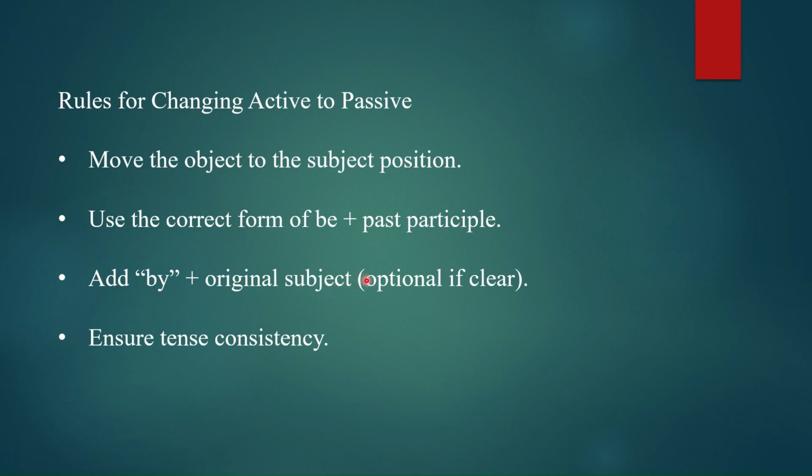Here I have said optional if it's clear. We don't always have to put by. If the sentence makes sense without by, then we will omit it. Lastly, ensure that the tense is consistent. It says ensure tense consistency.